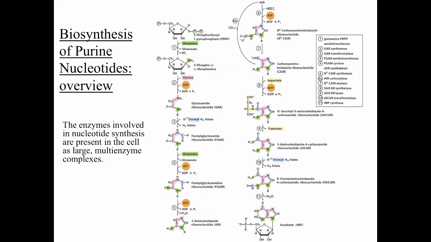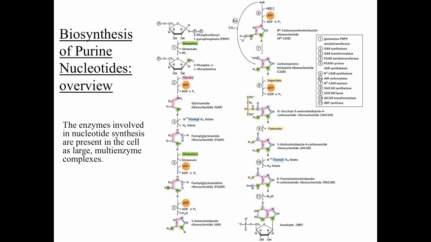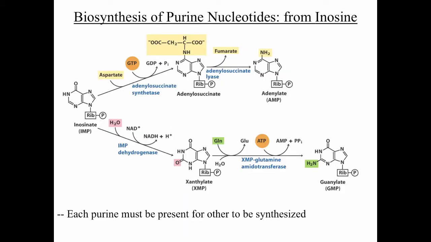And then IMP's synthesis is going to diverge to make the two different purine molecules. So this slide is just really an overview of what we went over so far, starting with PRPP being made into IMP. And so once we have IMP, then IMP can be used to make GMP or AMP.